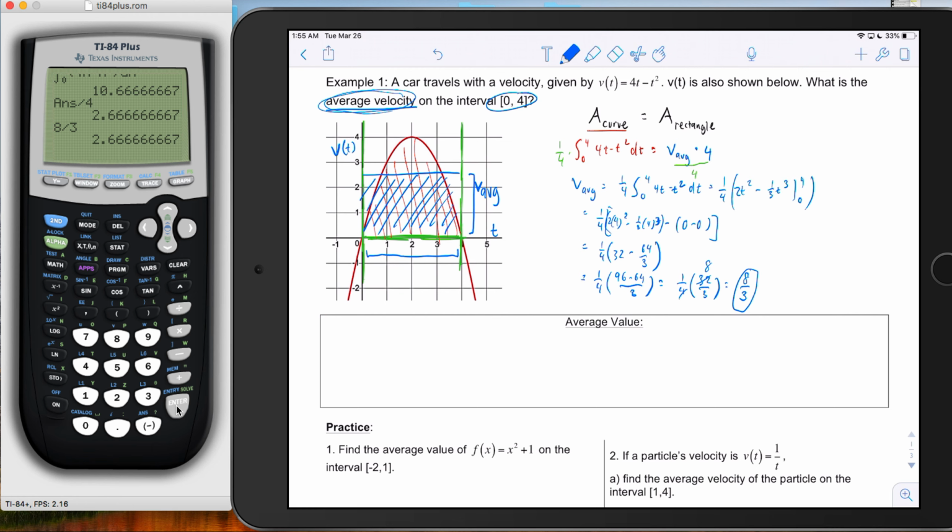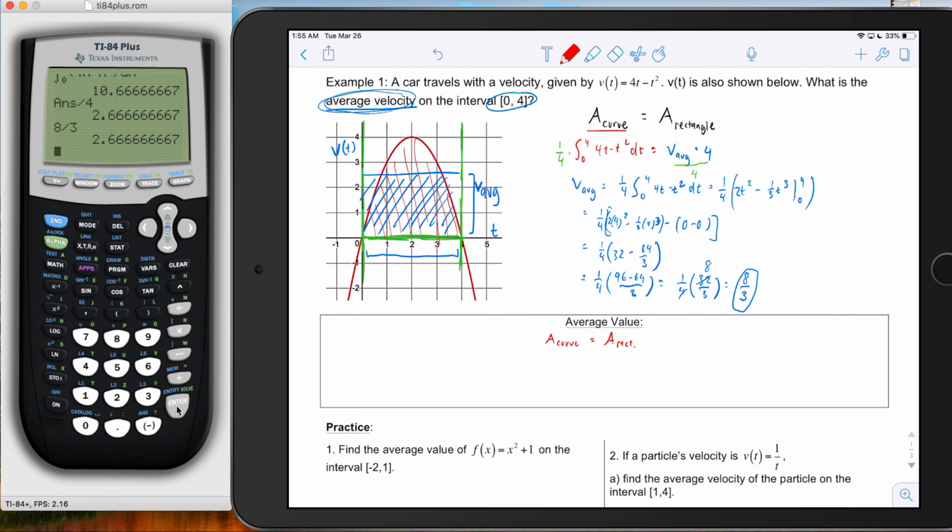So let's recap for a general case. We have the average value. To find that, what we did is we first compared the area of the curve, and we set it equal to the area of the rectangle.